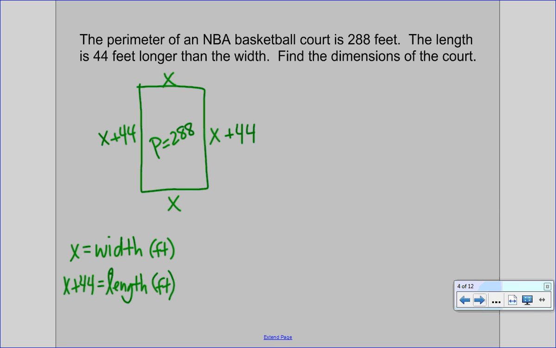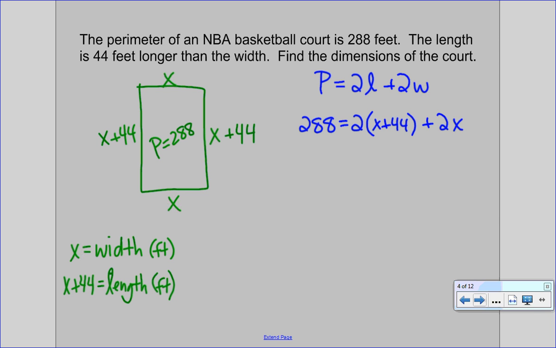Again, since we're dealing with the perimeter of a rectangle, we can use the perimeter formula of a rectangle. P equals 2L plus 2W, and then plug in the information that we have. We know that our perimeter is 288. Our length is x plus 44. And our width, W, we're calling x.